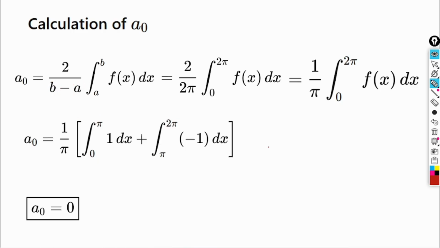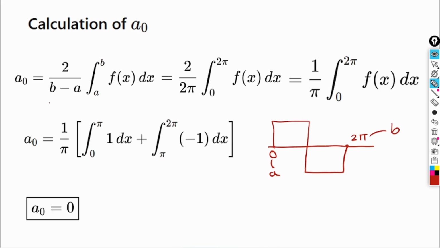We are calculating a naught for the square wave. The square wave starts from 0 and one period ends at 2 pi. So a is nothing but 0, and b is nothing but 2 pi.